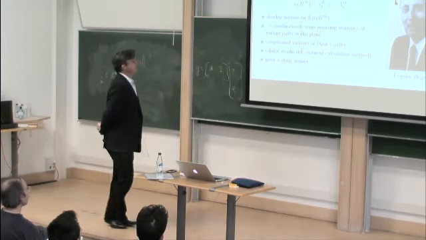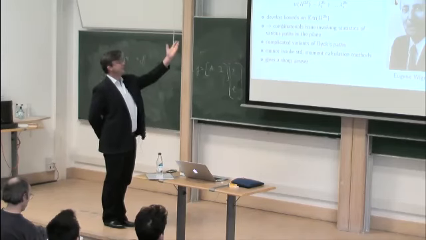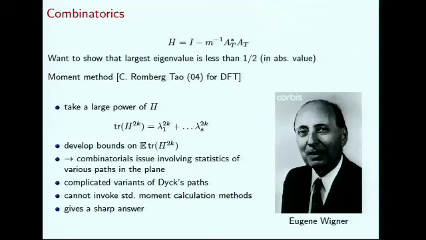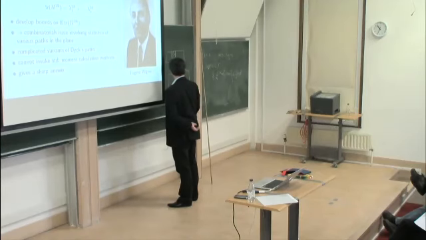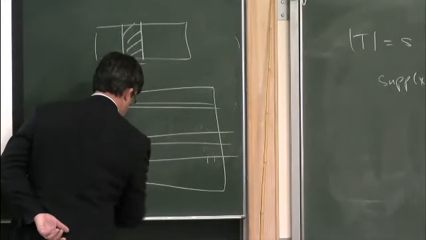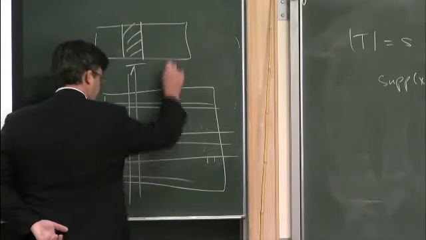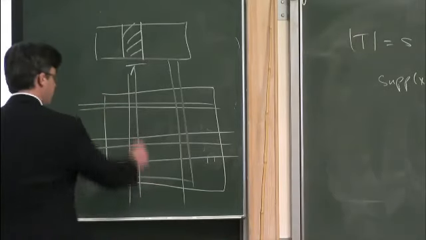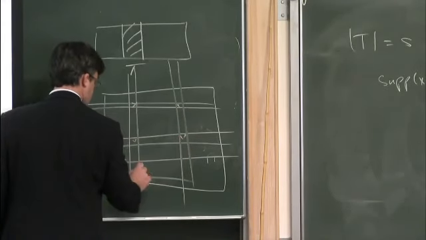So how do you do this? Well, I want to understand the behavior of the largest eigenvalue of this matrix H. I want to show that it's small. You can follow essentially ideas that were pioneered by Eugene Wigner, saying, I don't know how to do this directly, because this matrix is very complicated. It's a matrix I get by taking a full DFT matrix, which is unitary, sampling a few rows, taking an arbitrary subset, and I've got a sub-Fourier matrix, and I want to show that this matrix is well conditioned.